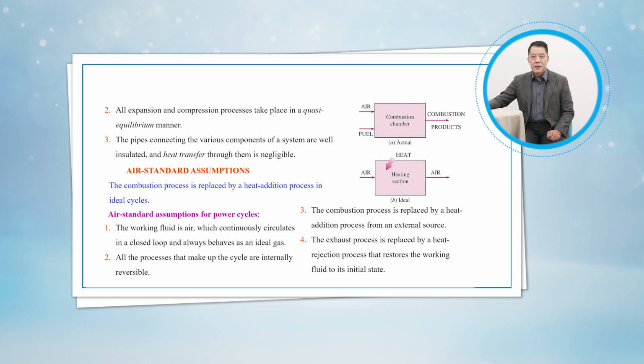Assumption 3. The combustion process is replaced by a heat addition process from an external source. Assumption 4. The exhaust process is replaced by a heat rejection process that restores the working fluid to its initial state.